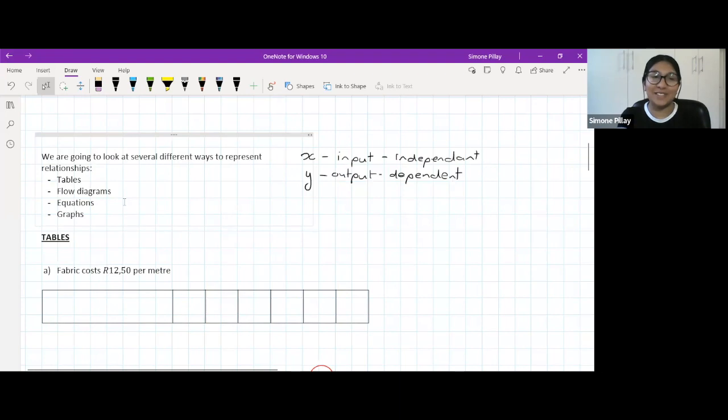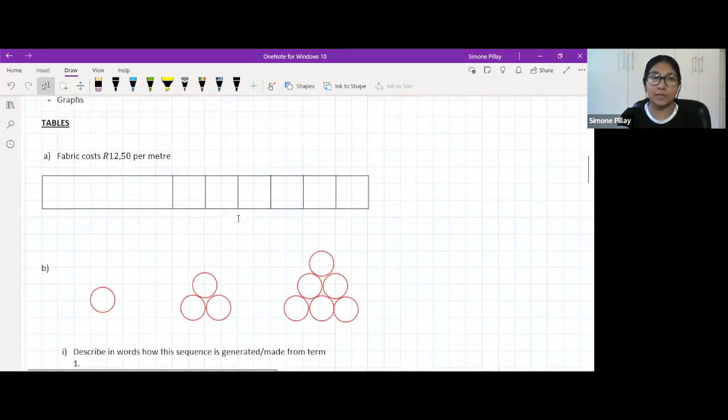They've been giving us flow diagrams or spider diagrams, as some people call them. We have equations. That might be something a little bit new to us, but I think we should all be familiar with equations by now. And then lastly, we have graphs. So we're going to go through each one of these today, and let's first start off with our tables.